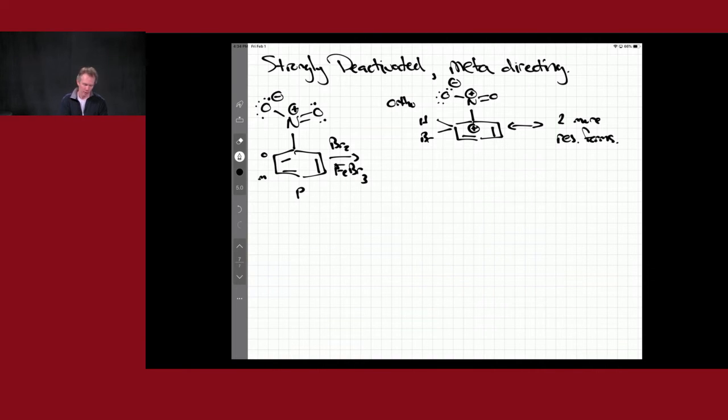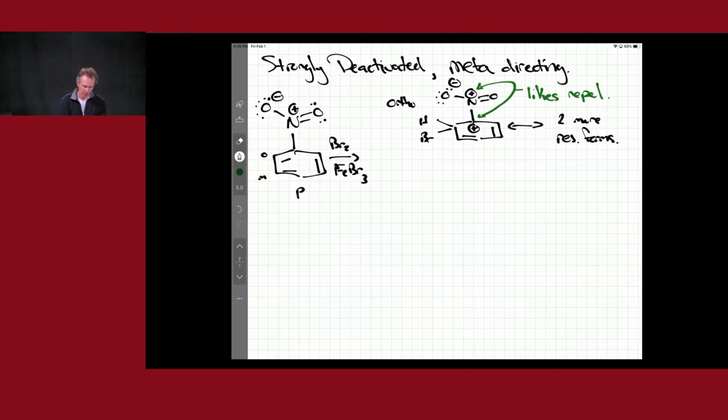So let's get a little color. So we have positive charge there, positive charge here on the nitro. Okay. Like charges repel. Right, that should be destabilizing to this cation.